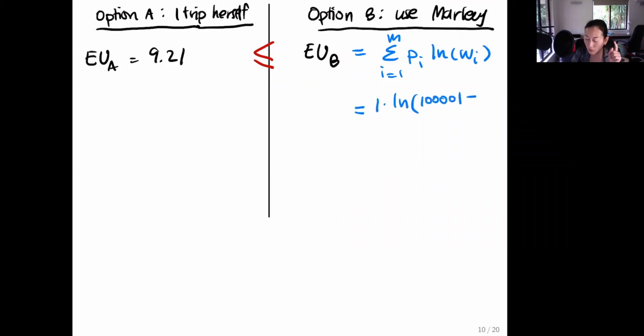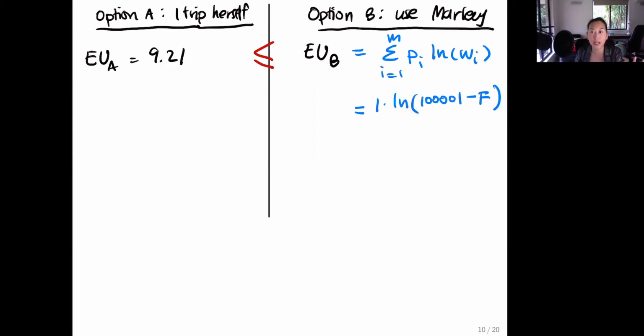But remember, to use this service you have to pay the fee. So the total wealth you end up with would be 100,001 less the fee. So for sure, this is what you're going to end up with if you use the service.